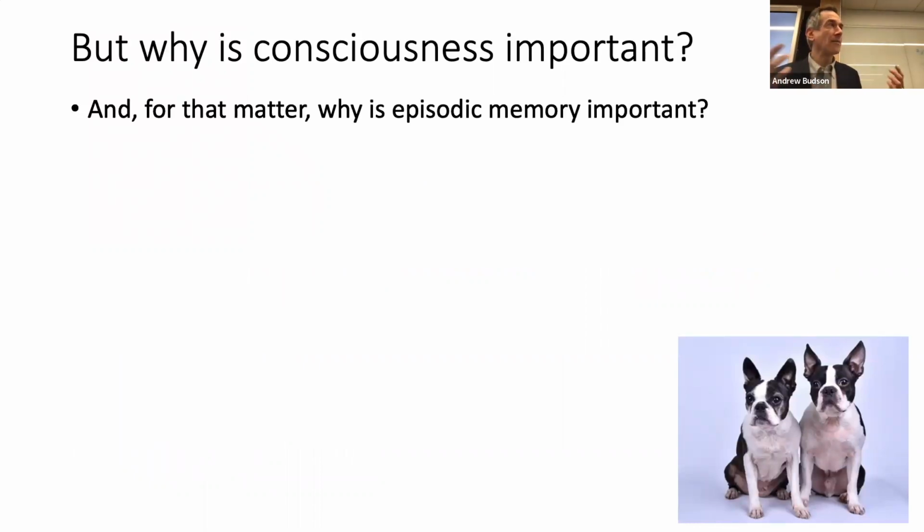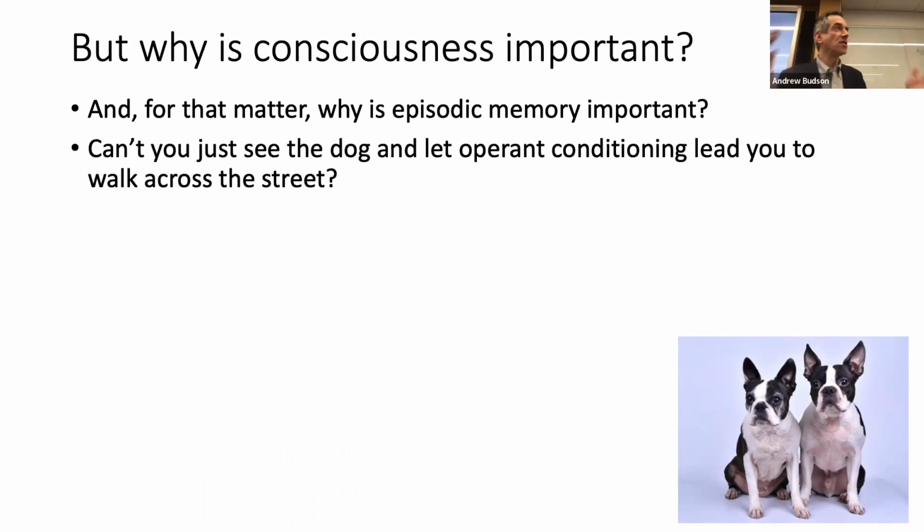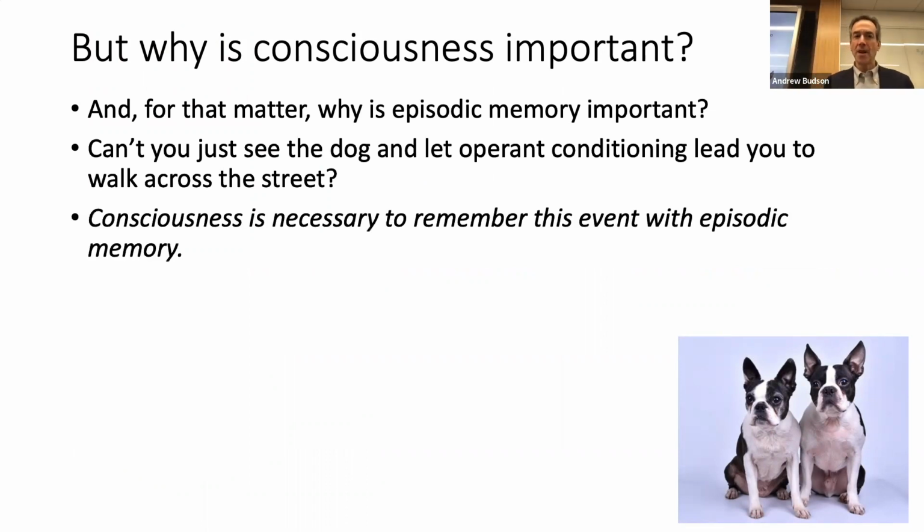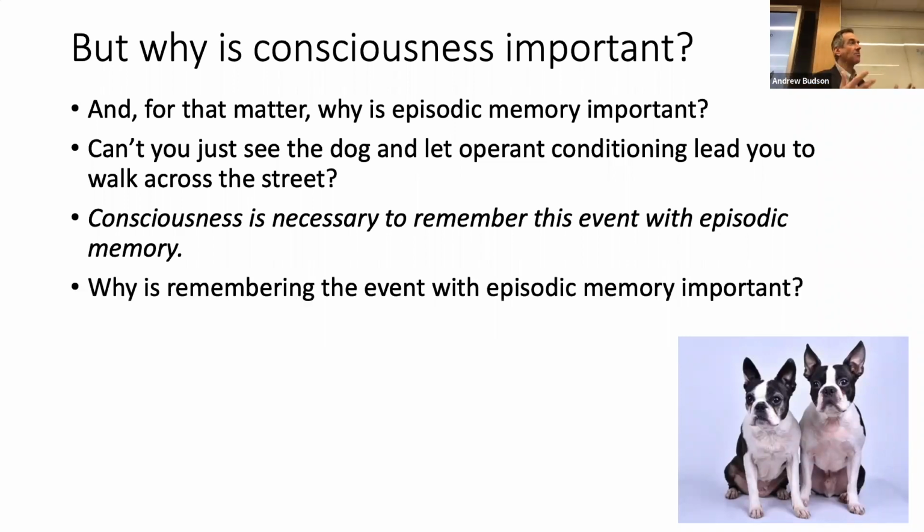But why is consciousness important? And for that matter, why is episodic memory important? You know, can't you just see the dog and let operant conditioning and other implicit memory systems lead you to walk across the street? Well, consciousness, we argue, is necessary to remember the event using episodic memory. Well, why is that important?